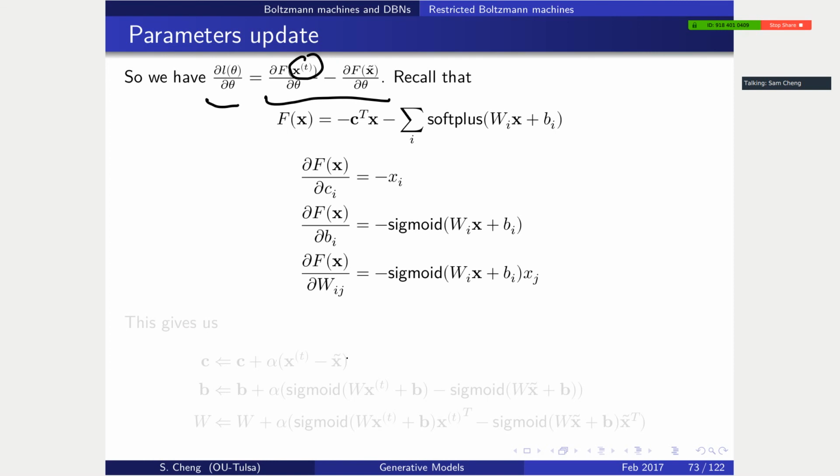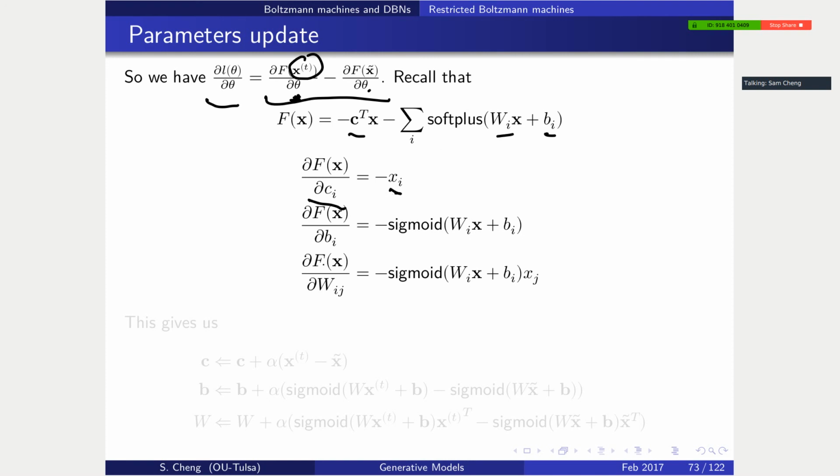So with that, we can actually compute precisely what partial f partial each of these parameters is. We have theta here as all the parameters, but actually the parameters in the model are basically c, W, and b, right? So we can take the individual derivatives. For example, taking the partial derivative with respect to c, it's just x here, right?